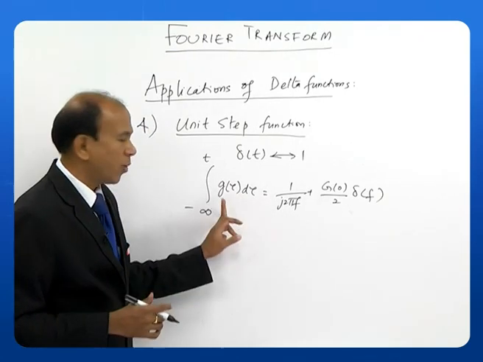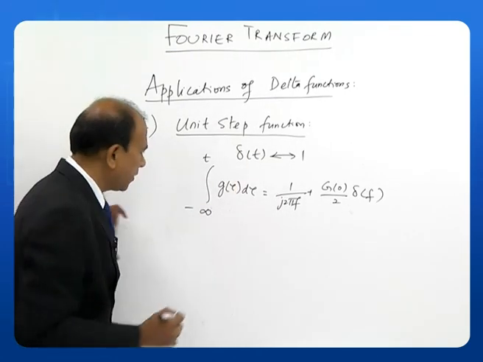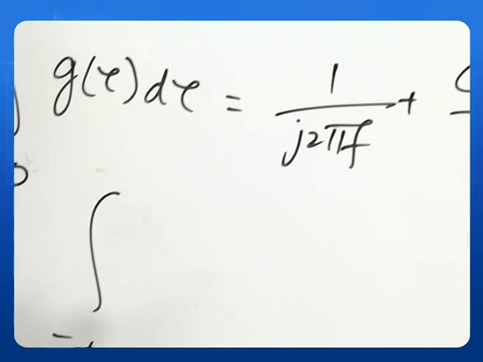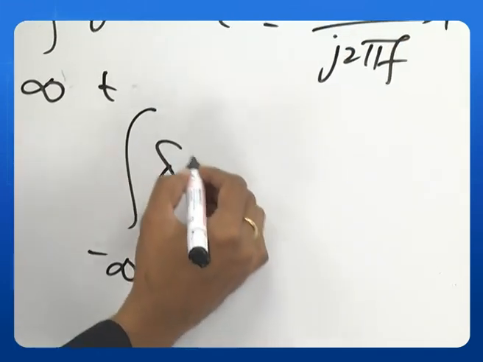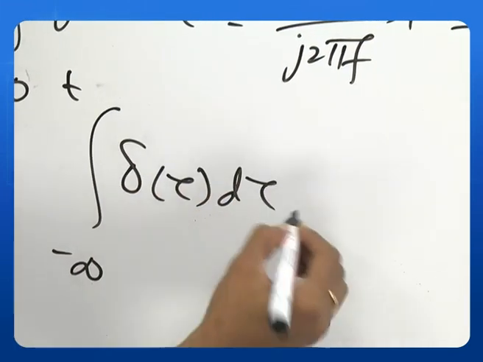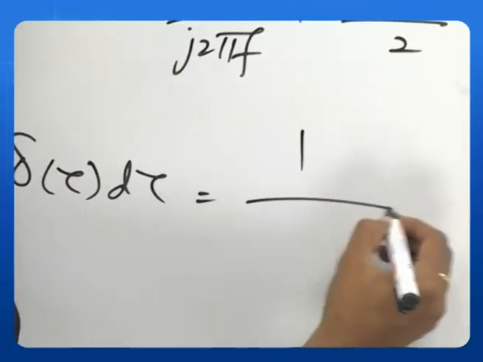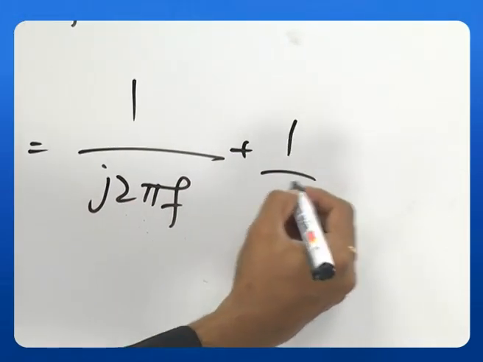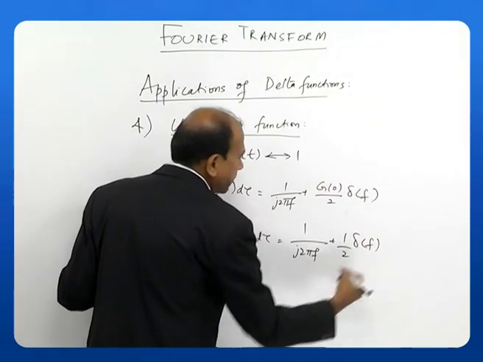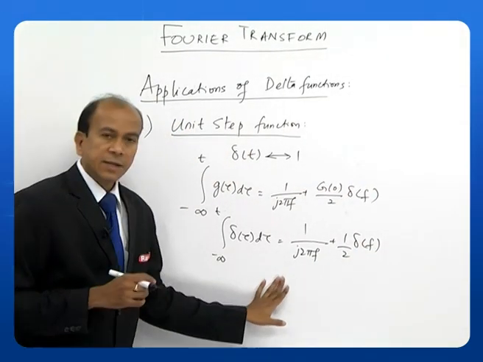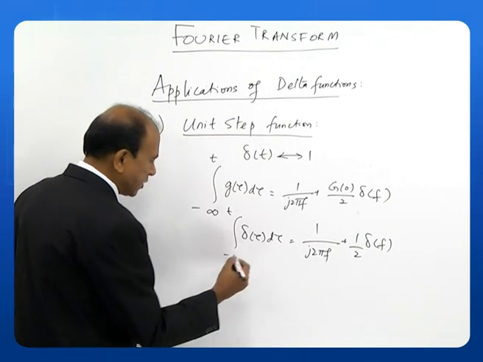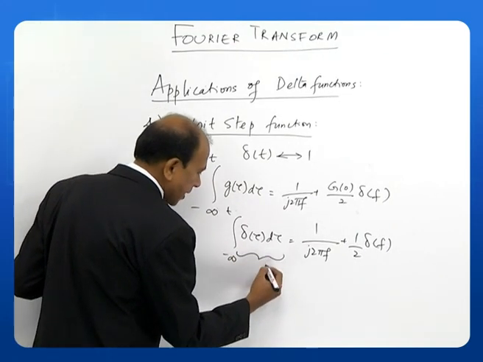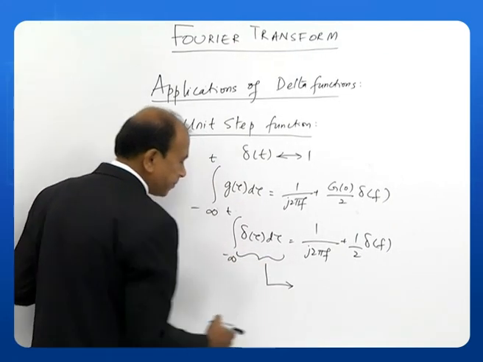Now, for us, what is g of tau here? Delta. So, if we take the integral from minus infinity to t of delta of tau d tau, this is equal to 1 by j 2 pi f, okay, plus 1 by 2 delta of f. Okay. So, when you look at this function, this will take 3 values.